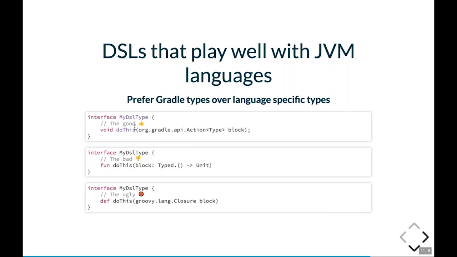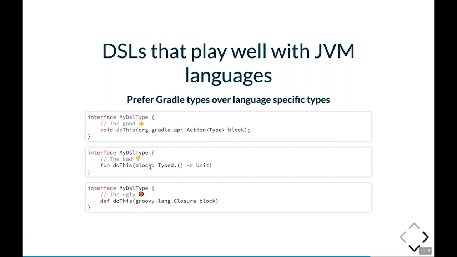The best way to do it, be it in a Groovy plugin, a Kotlin plugin, or a Java plugin, is to use the Gradle Action type. So this is a Java plugin API that declares a method using the Gradle Action type.